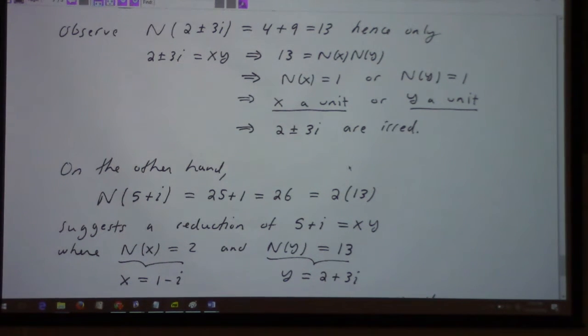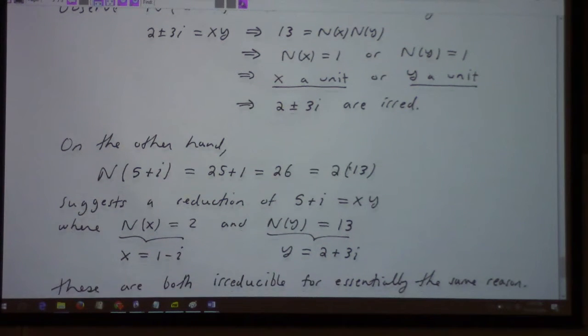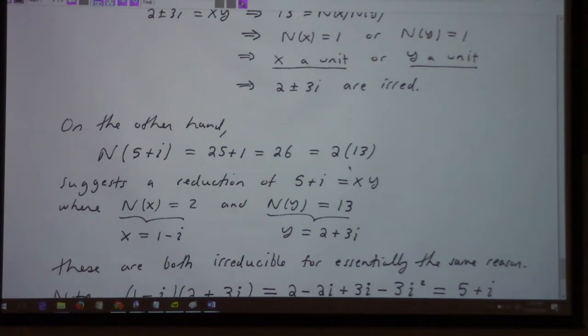Oh, I'm just proving they're irreducible. I forgot. This has a norm of 26, right? So you're looking for something with norm 2 and norm 13. For norm 2, you have choices like plus or minus 1, plus or minus i. To get norm 13, you're looking at stuff like plus or minus 2, plus or minus 3i.